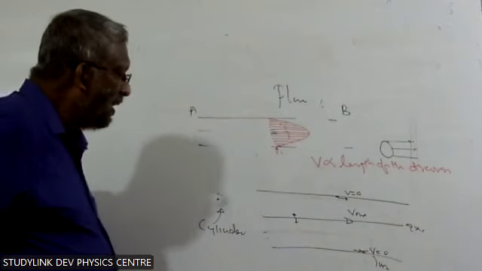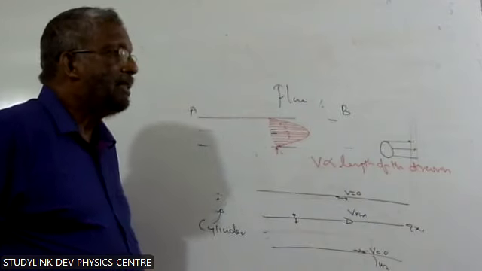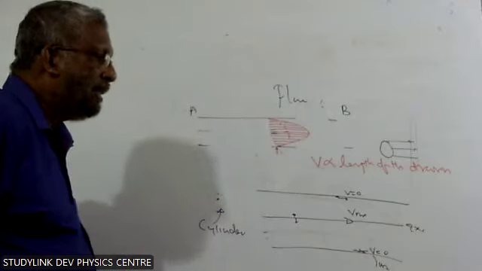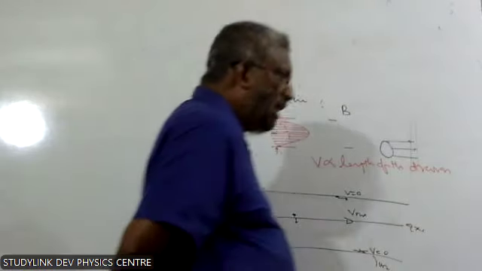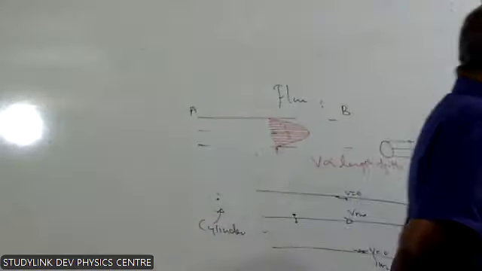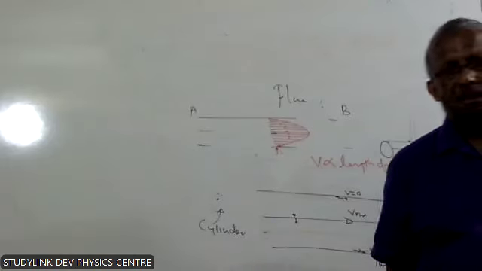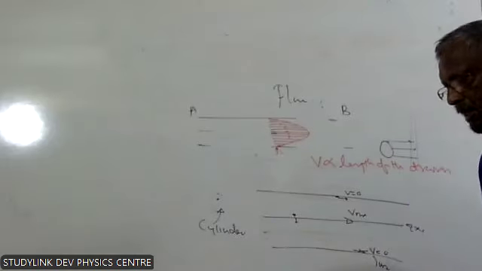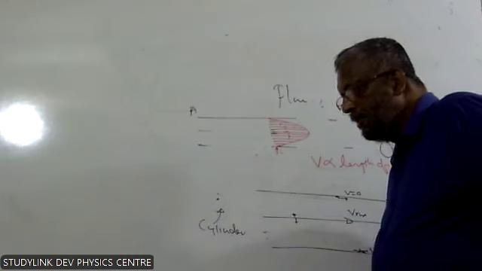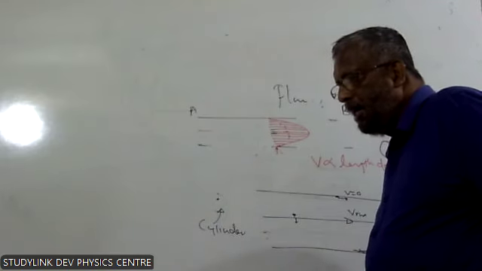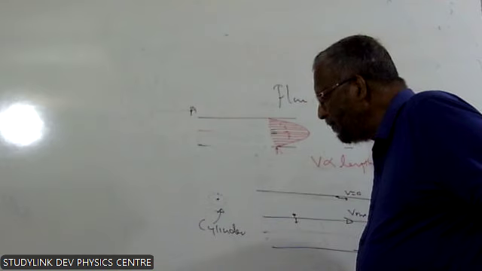Then right, from the axis at the same distance, there are many streamlines having the same velocity.